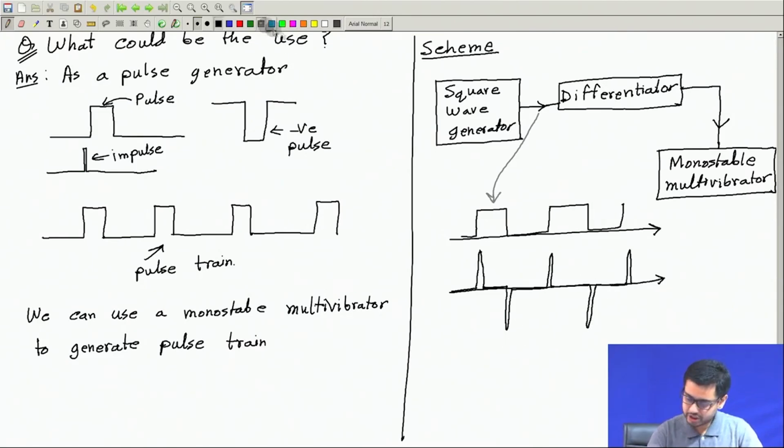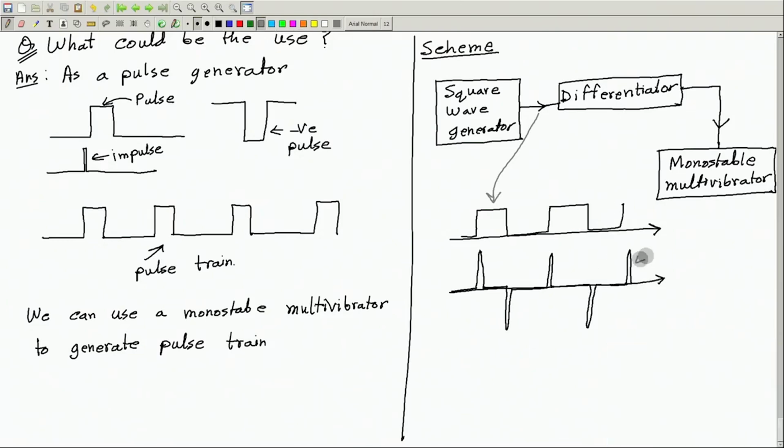So, this is the voltage which we have here, and this goes to the monostable multivibrator, to the trigger.